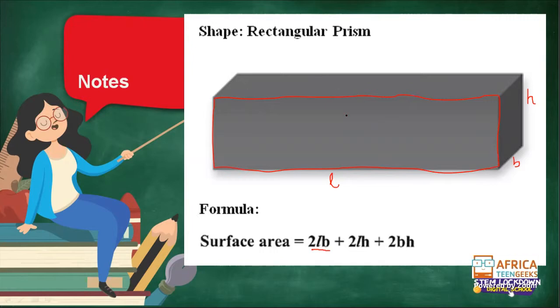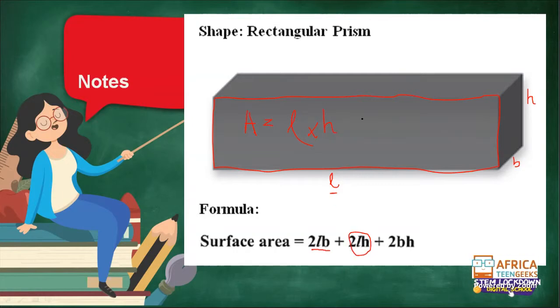Now, the area of this front face: the area of a rectangle, if you remember, in this case, is the length times this side, which is actually the height. So I'm actually looking at the second one here.